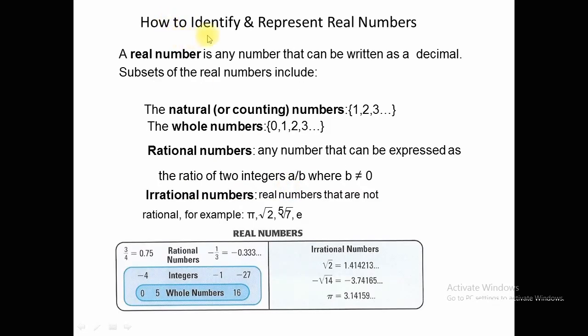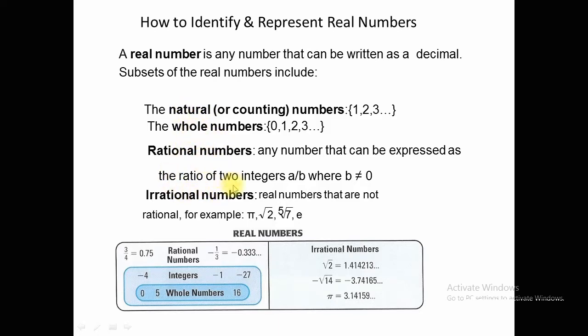Now, how to identify and represent real numbers? A number is any number. A real number is any number that can be written as a decimal. All subsets of real numbers include the set of natural numbers, set of whole numbers, set of rational numbers, and irrational numbers.